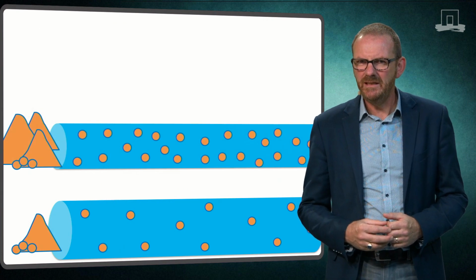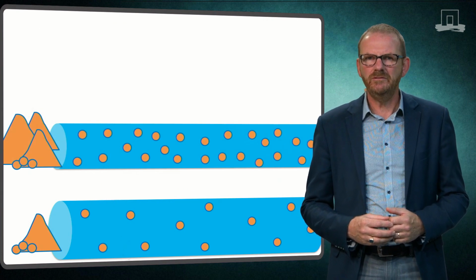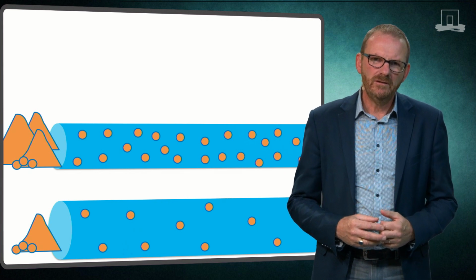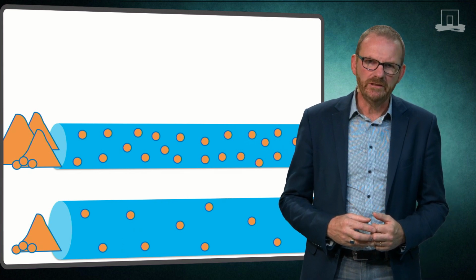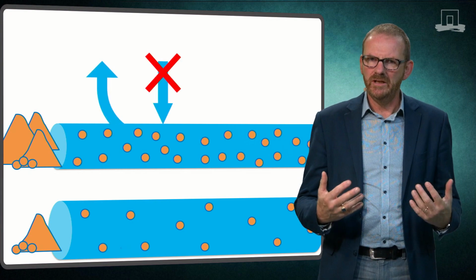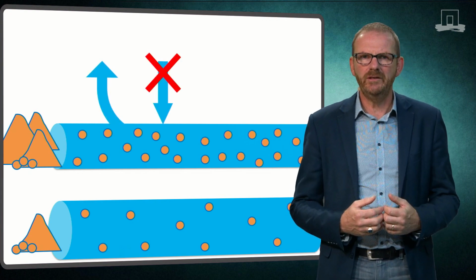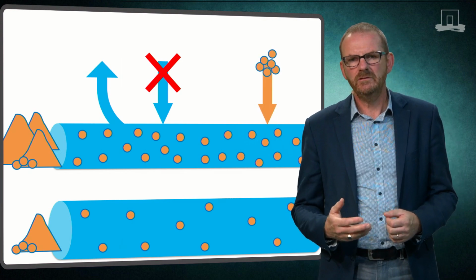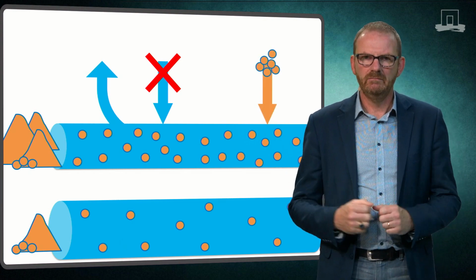As said, it's easier to recover phosphate from a concentrated flow than from a more diluted flow. The concentration can be reached in two ways. First is to take out water or to prevent water from entering the system, and second, to get more material in. In short, water out, shit in.